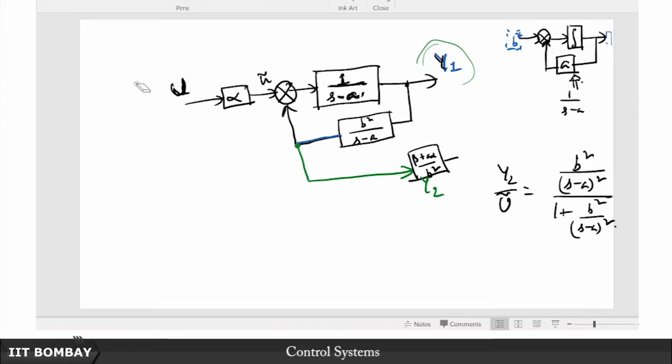So instead of calling that earlier fellow y2, now I call this fellow my y2, and then I better sum them together. So this is going to be my y1 plus y2, and that is a realization.